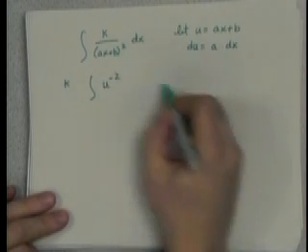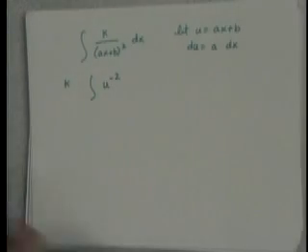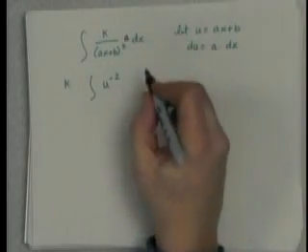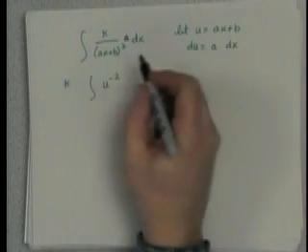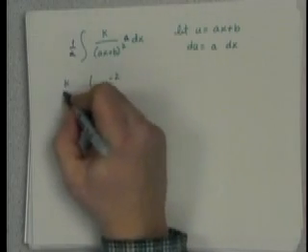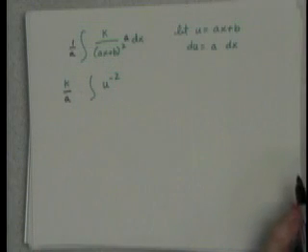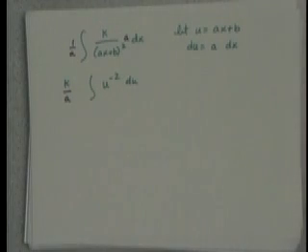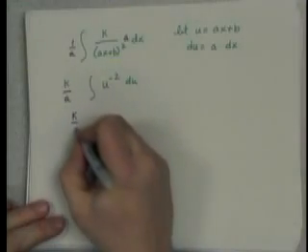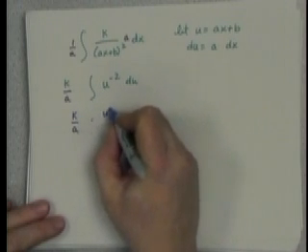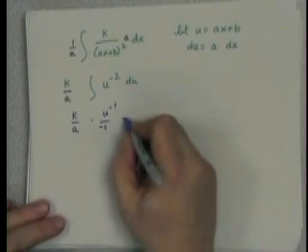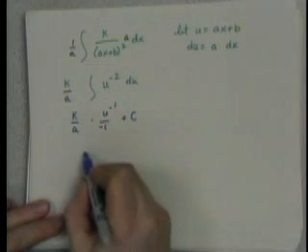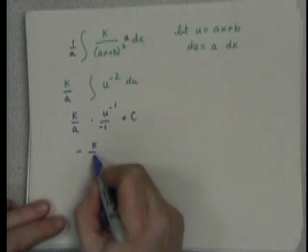This becomes u to the minus 2. In order to get the a dx, I need to put an a inside. It means I need a 1 over a out front. I have k over a times u to the negative 1 divided by negative 1 plus some constant. So it's negative k over a.